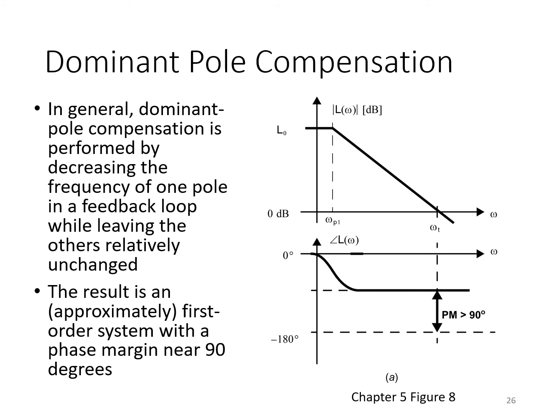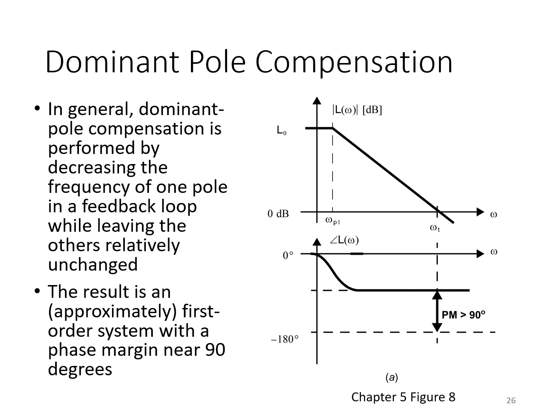Typically, these are specifications on the dynamic response of the closed loop amplifier, its bandwidth, its overshoot, ringing, peaking, and these can then be translated, as we've seen, into specifications on the phase margin of L, and compensation is simply shaping L by design to meet that targeted phase margin.